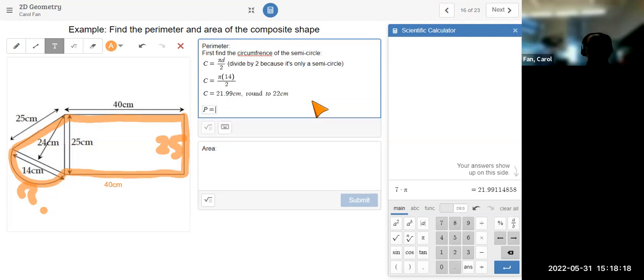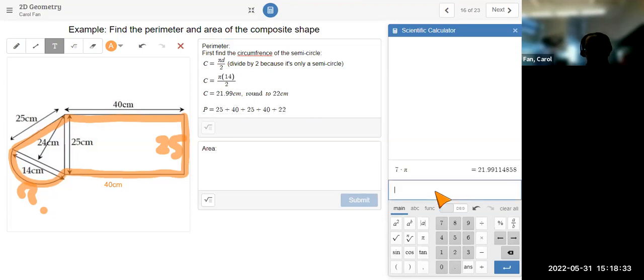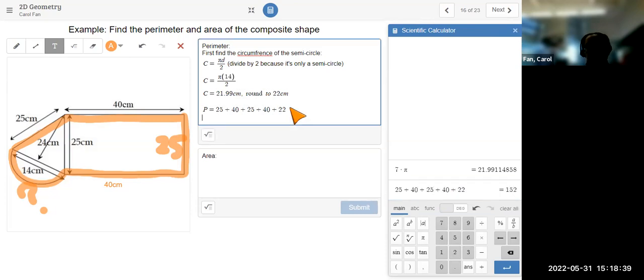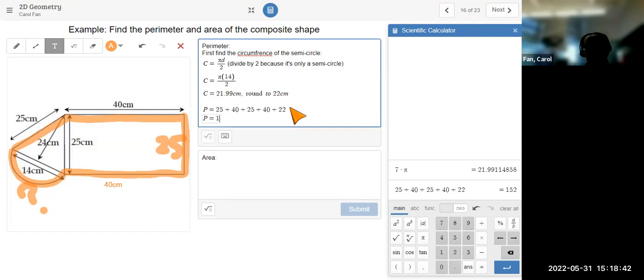Okay, so perimeter now, I'm going to add up all of my sides. 25 plus 40 plus 25 plus 40 plus 22. And we have 152 centimeters.